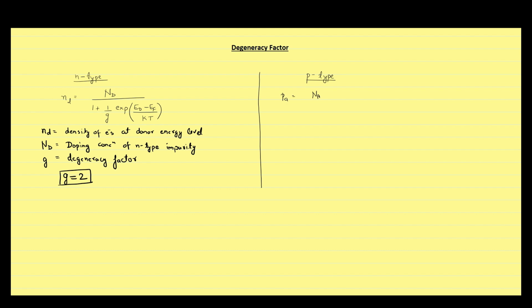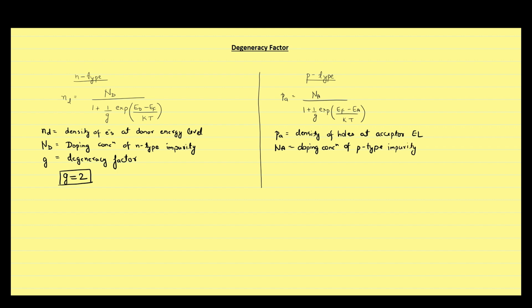A similar formula exists for hole concentration at the acceptor energy level. Here, Pa represents the density of holes at the acceptor energy level, Na represents the doping concentration of P-type impurity, and G is the degeneracy factor.